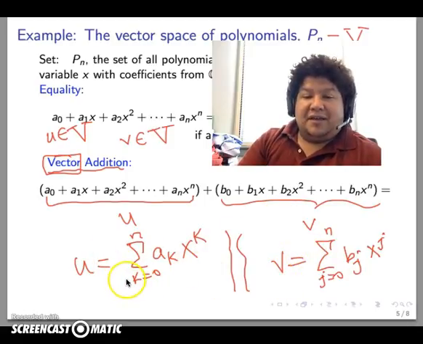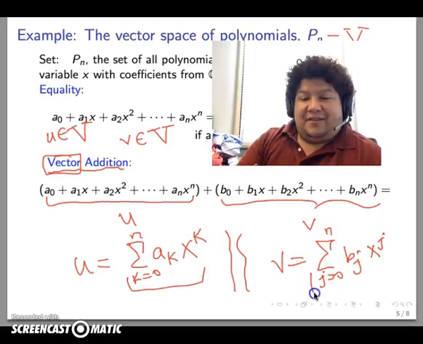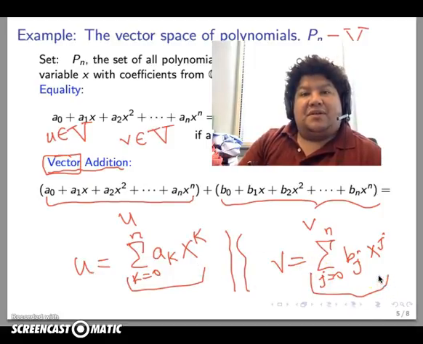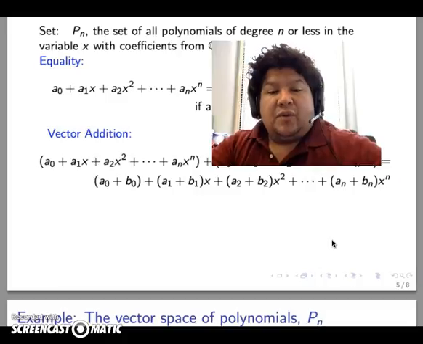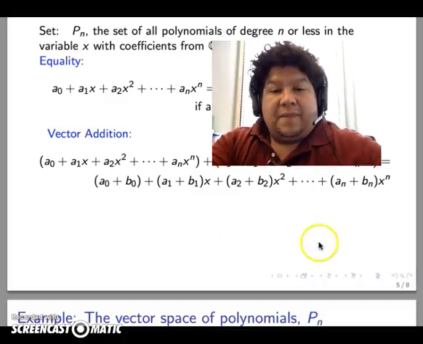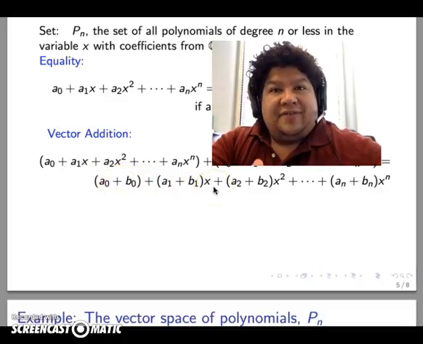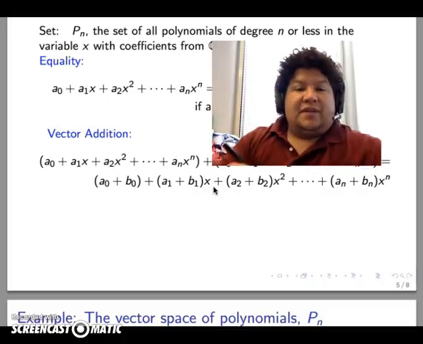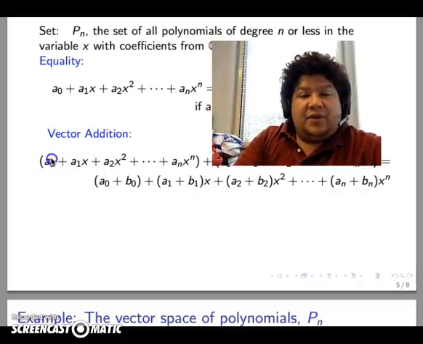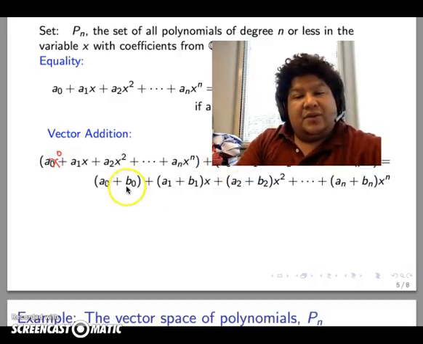Well, nothing other than adding polynomials, right? So when we add two polynomials, we would say that those polynomials are added and you collect all things that have the same exponent, right? So you notice that a0 multiplies x to the 0, b0 also multiplies a power x to the 0, which is 1.